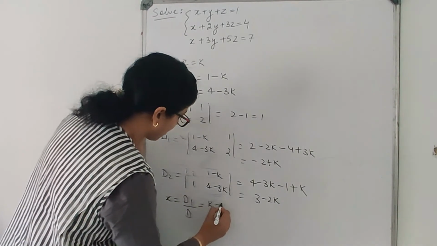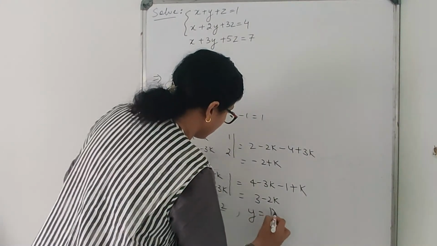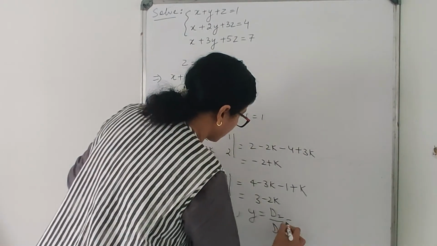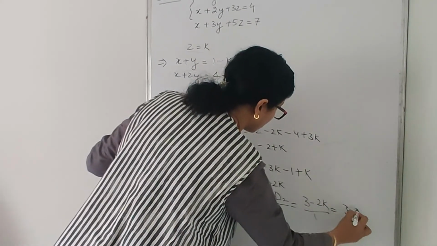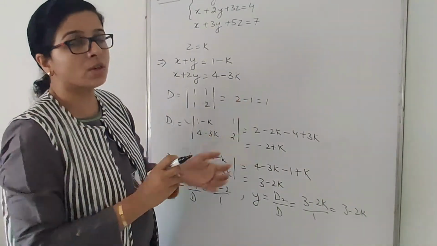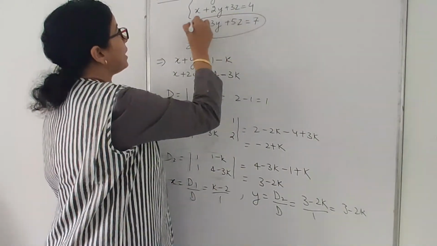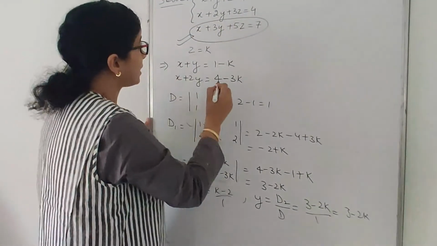That is nothing but k minus 2 upon 1, which is k minus 2. Y is d2 by d. So I am getting 3 minus 2k upon 1, which is 3 minus 2k. Now to check whether the system is consistent or not, I will substitute my values of x, y, z in the third equation. Okay, so what is my third equation?